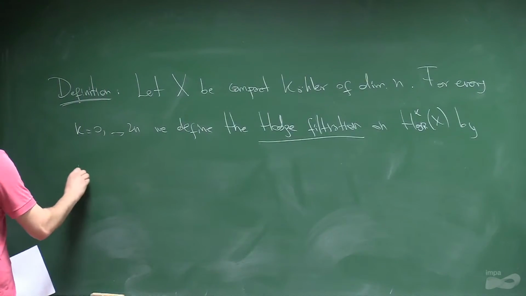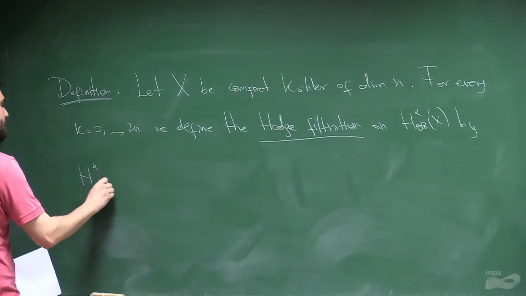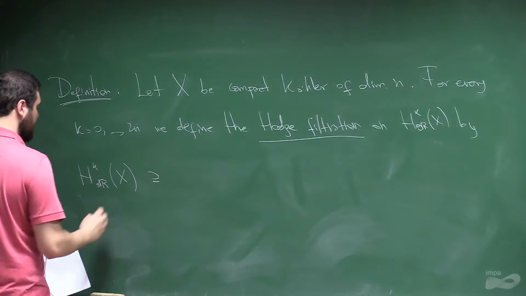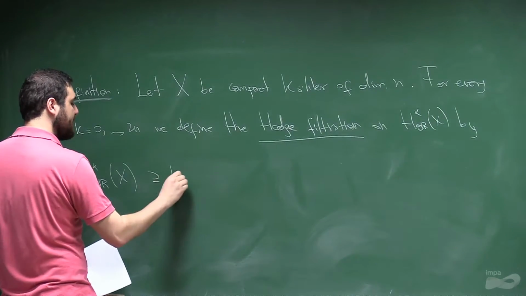So we have here H^k de Rham of X. Now we remove the first part of the Hodge decomposition.